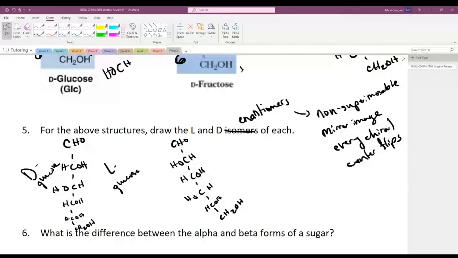So far we've been talking a lot about that line angle formula. That's all we've been dealing with. But sugars can also be drawn in what's called a Haworth projection. Haworth projections are the chair form, I should say. I think that's the most appropriate way to call it.